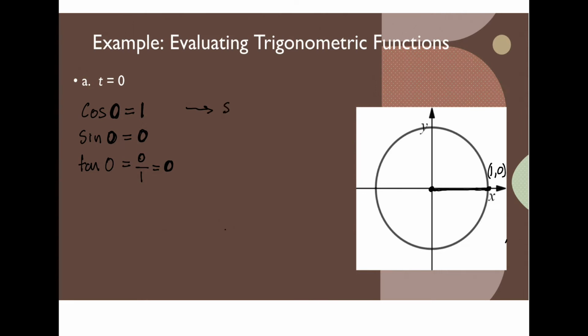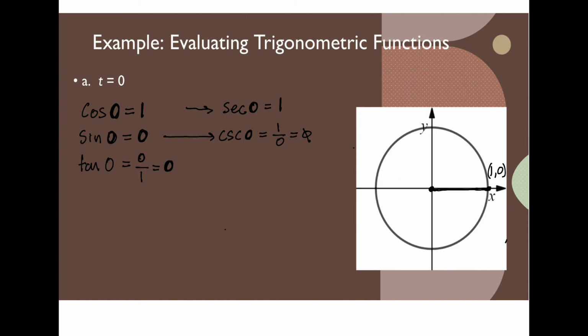What about the secant? Remember, secant is the reciprocal of the cosine. Cosine is 1, so the reciprocal of 1 is 1 over 1, which is still 1. What about the cosecant of 0? Well, the cosecant of 0 is the reciprocal of 0, which would be 1 over 0, which is never allowed.